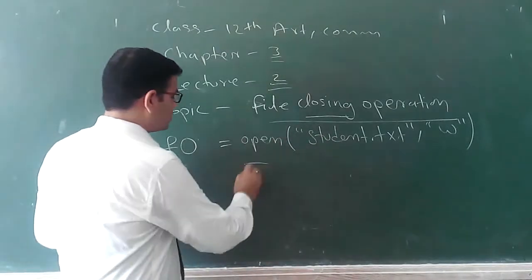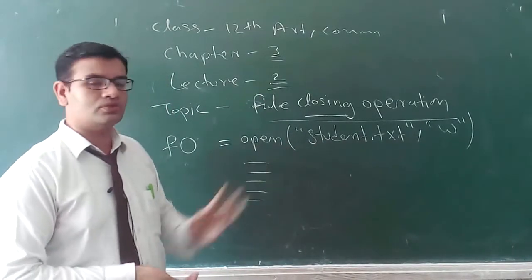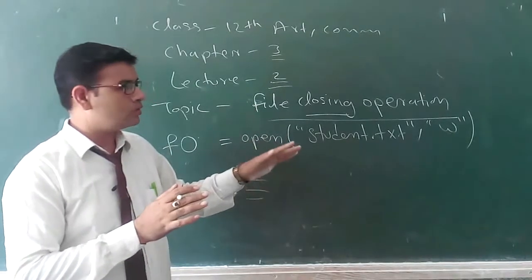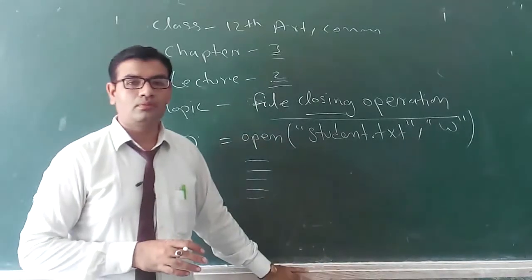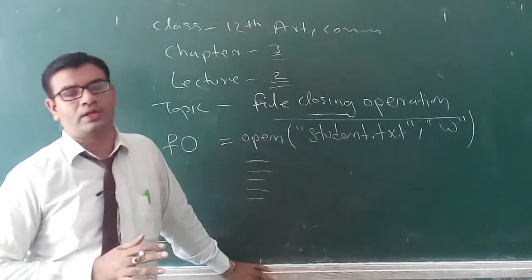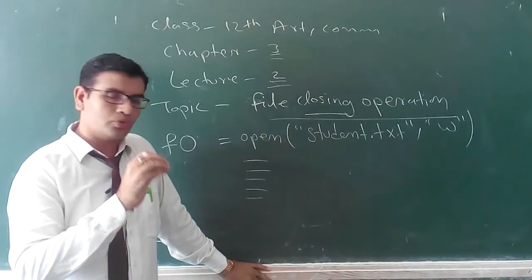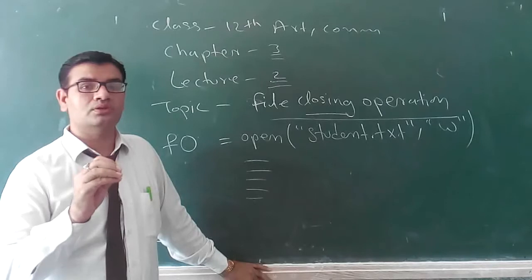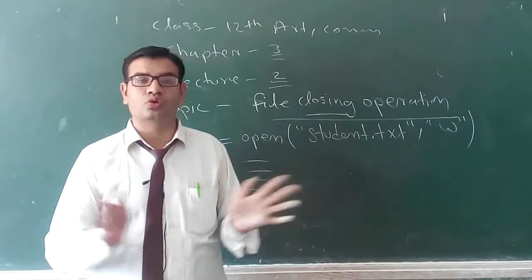If you complete your work related to this file and don't close it, then the processor will keep processing this opened file, because you have not closed it. The processor will process your file many times, and it will not close your file automatically.